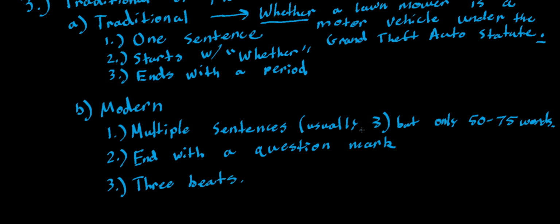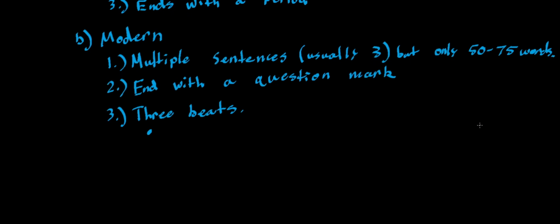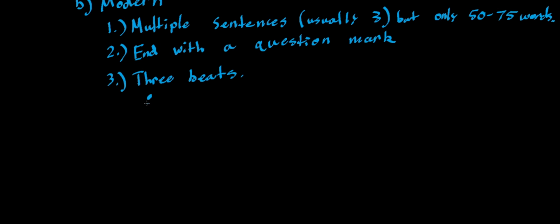That's why there's usually three sentences, although it's totally fine under this modern approach if you need more than three sentences to hit your beats. So the three beats, let me scroll down here so we have some more space. The three beats will have your governing rule.